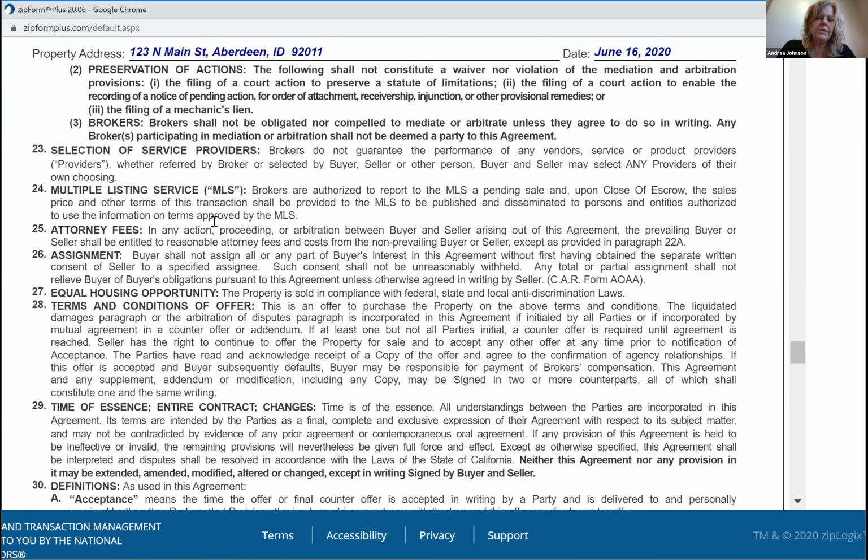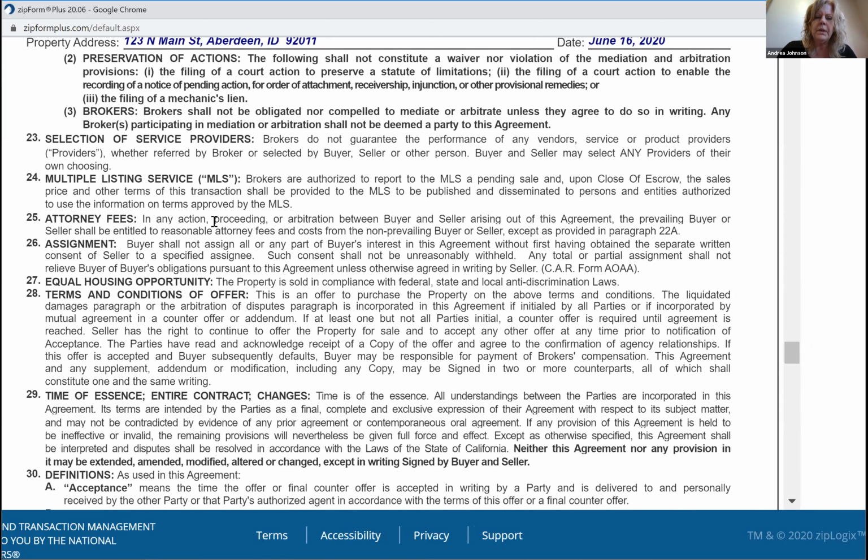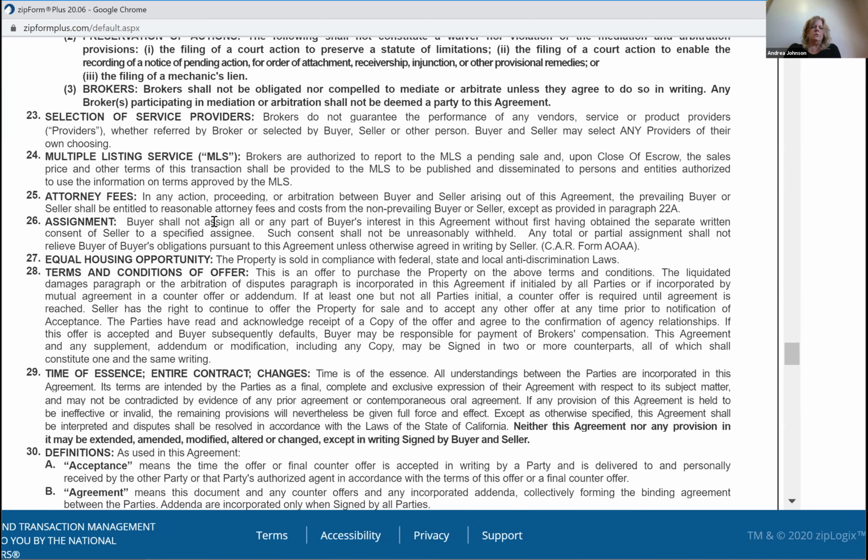Now we're going to cover some important but more or less boilerplate things. Selection of service providers. We don't guarantee the performance of any vendors or service or product providers that we may recommend. All we can do is give our clients, hopefully, a list of people that we have worked with successfully, who other clients have been very happy with their work and their reports in the past.